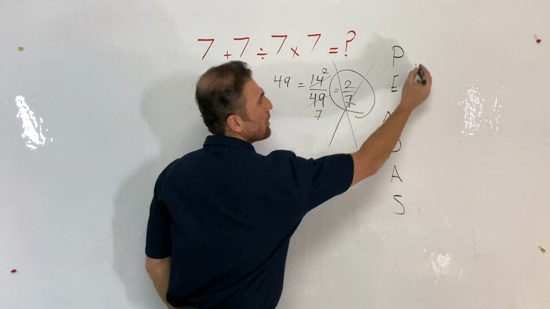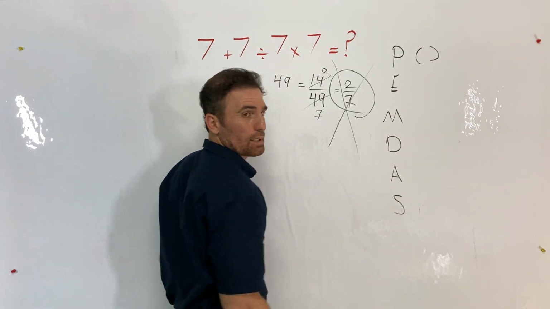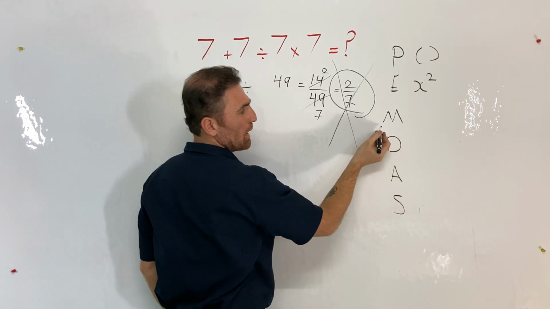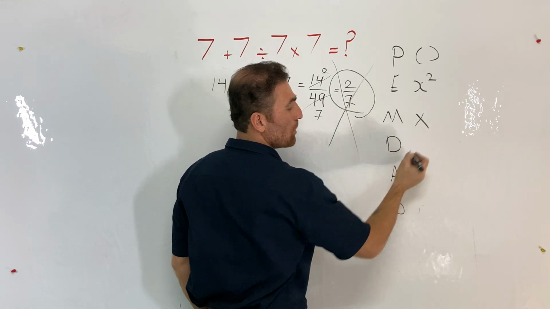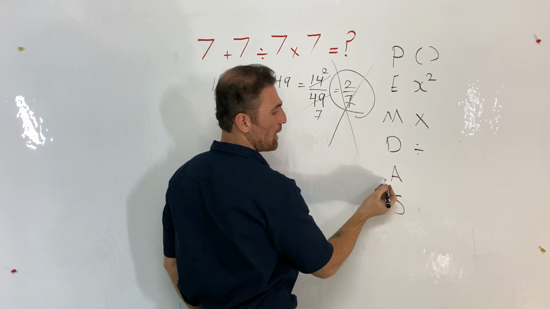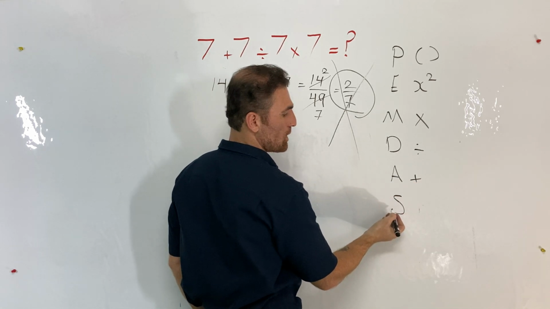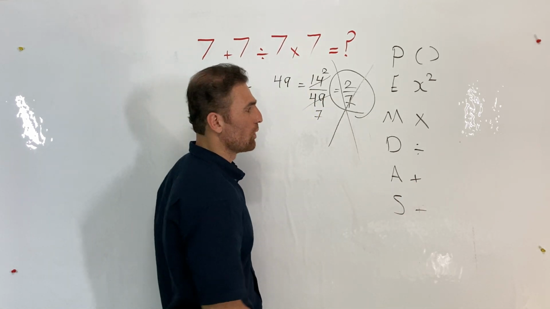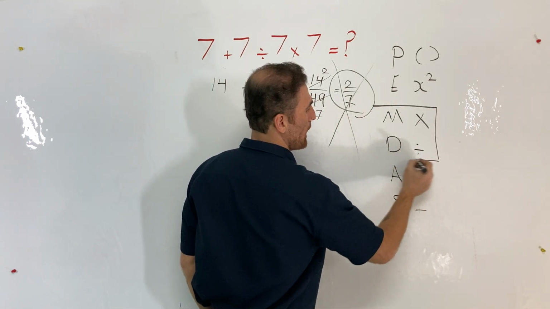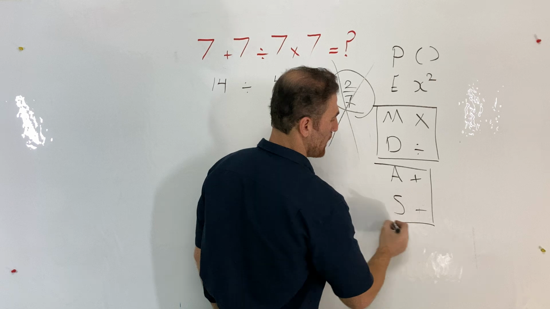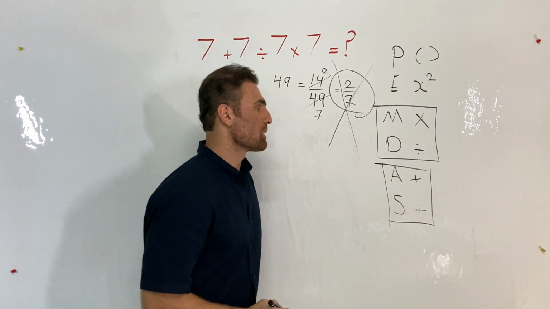P stands for parentheses, E stands for exponent, M stands for multiplication, D stands for division, A stands for addition, and S stands for subtraction. Do not forget, multiplication and division have the same place. Also, addition and subtraction have the same place.